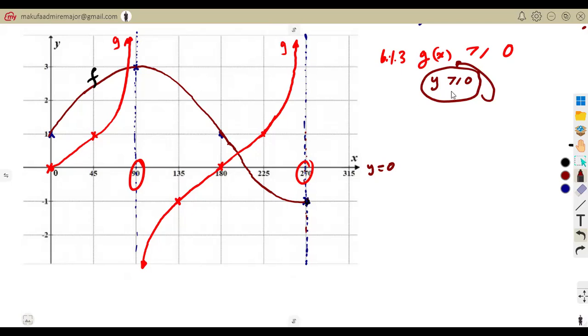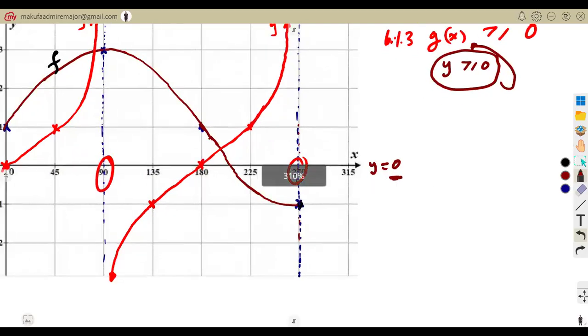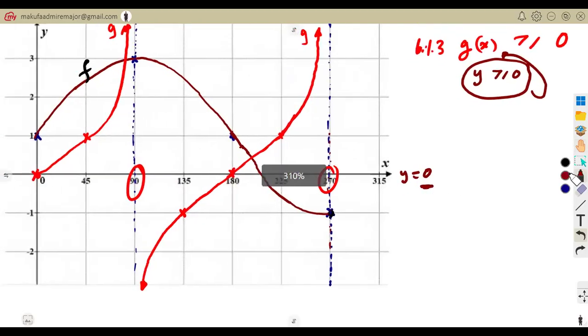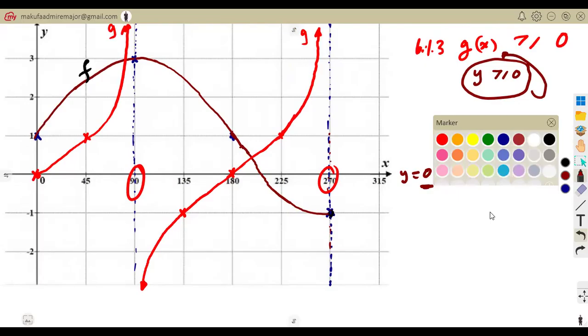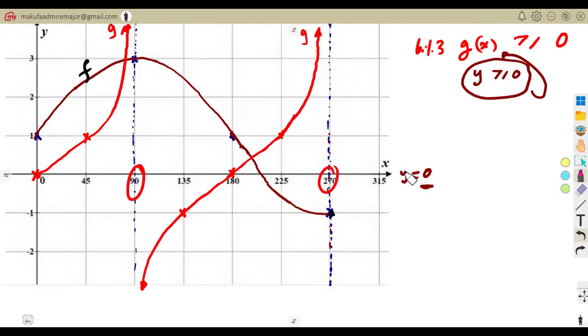The y values must be greater than or equal to 0, and y is equal to 0 on the x-axis. So where do we have y greater than or equal to 0? We are talking about values above the x-axis.